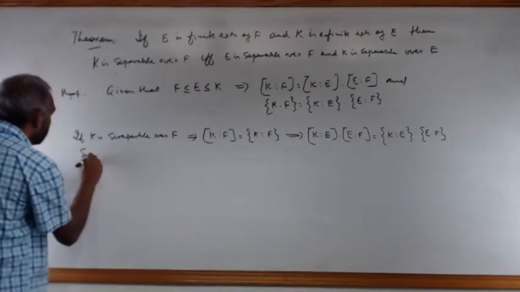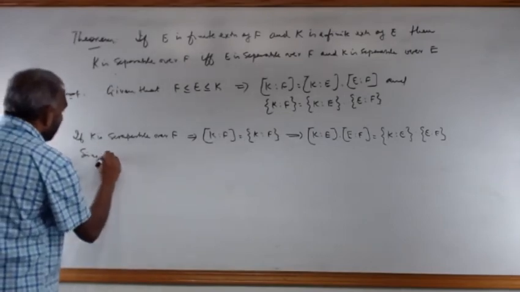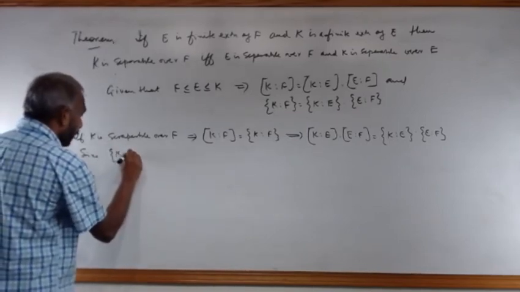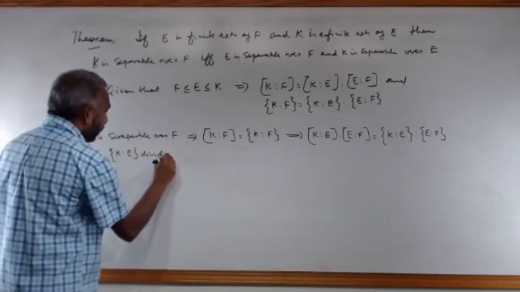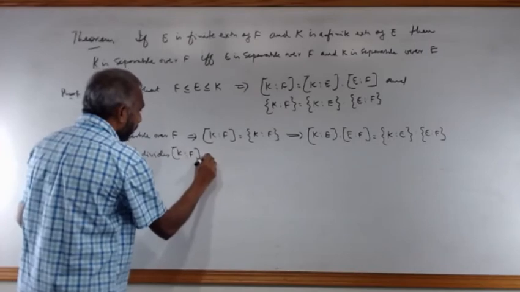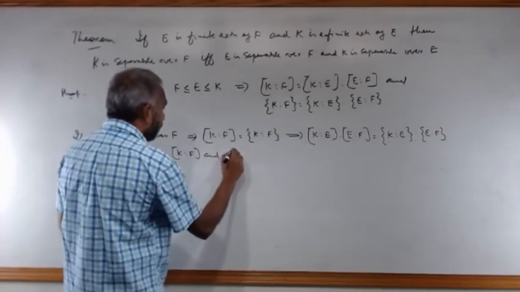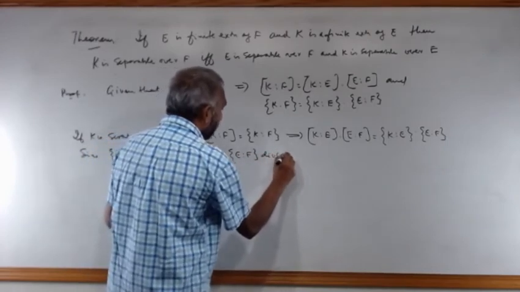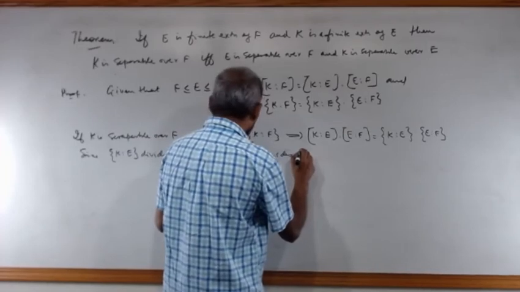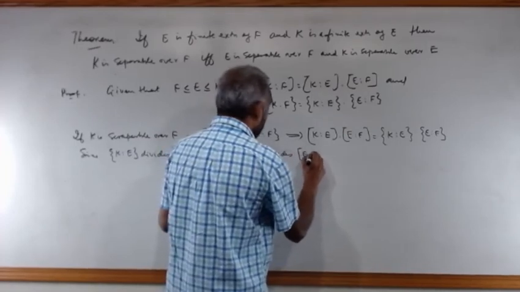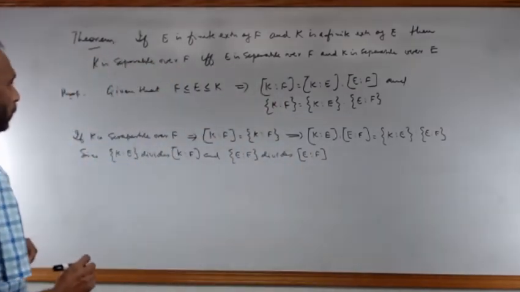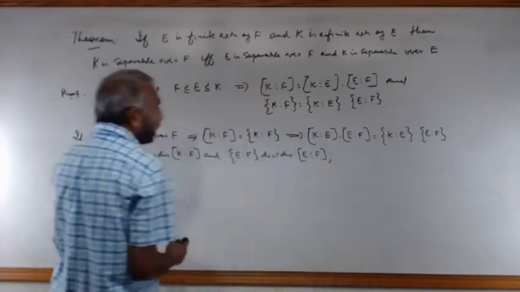Since the index {K:E} divides [K:E], and {E:F} divides [E:F], what does that mean?